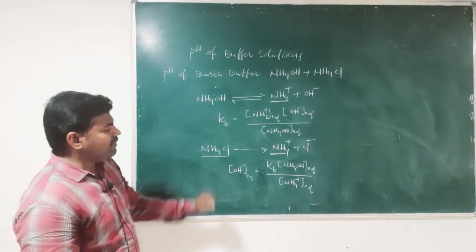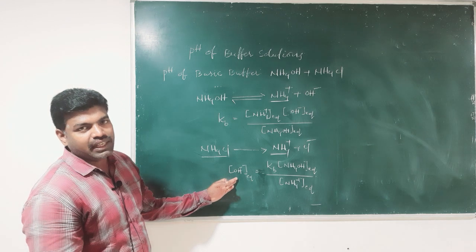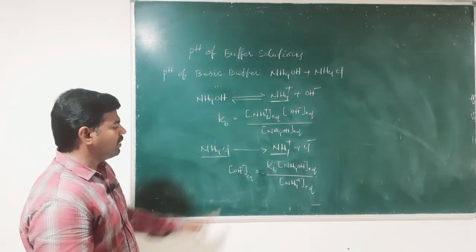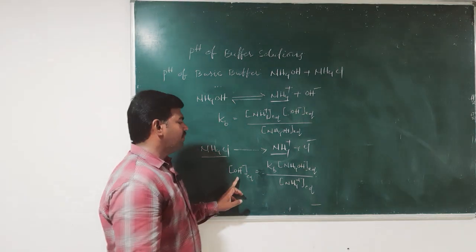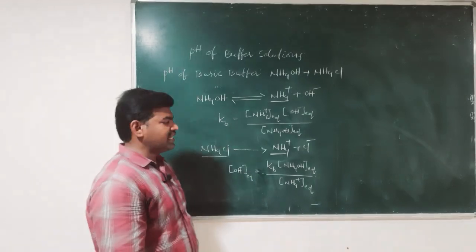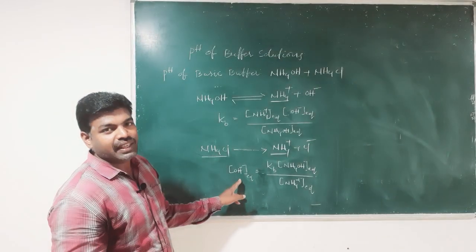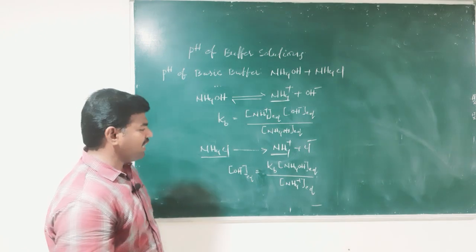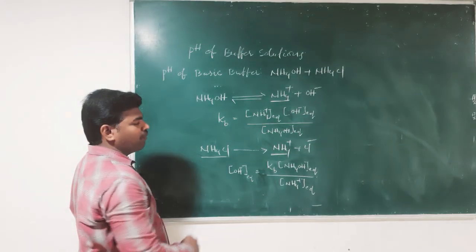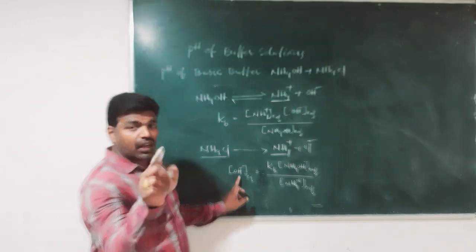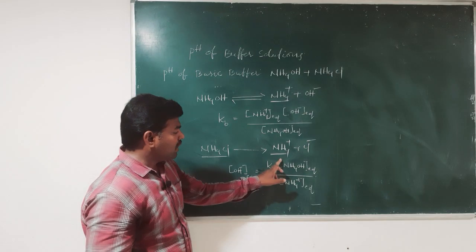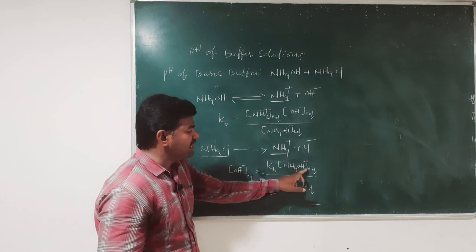So this is in the form, similarly as in the case of acidic buffer, from the concentration of OH minus ions we can calculate the pOH. Okay, so applying a logarithm on both sides. Before we apply the logarithm on both sides, the concentration of NH4OH at equilibrium.